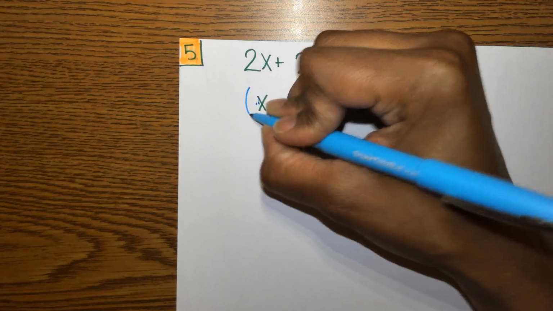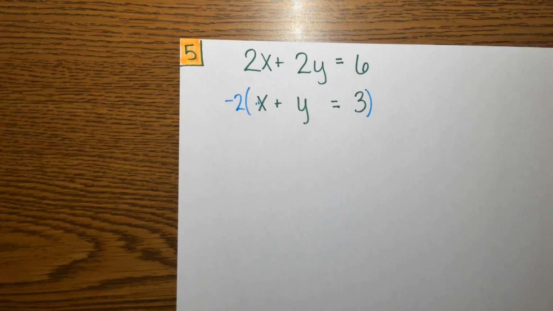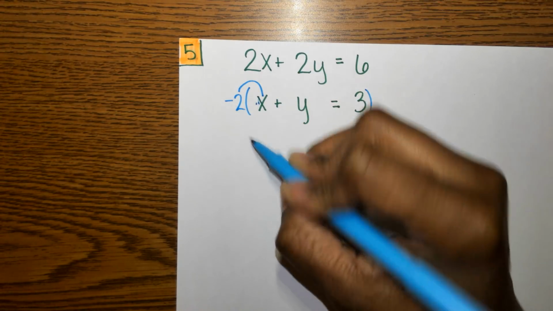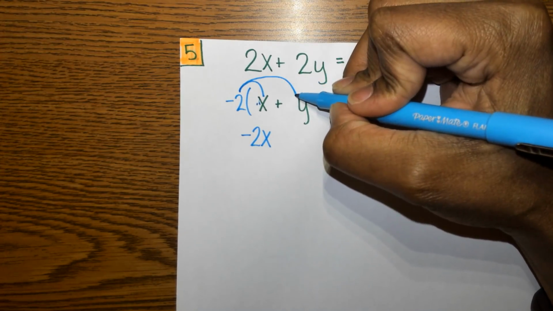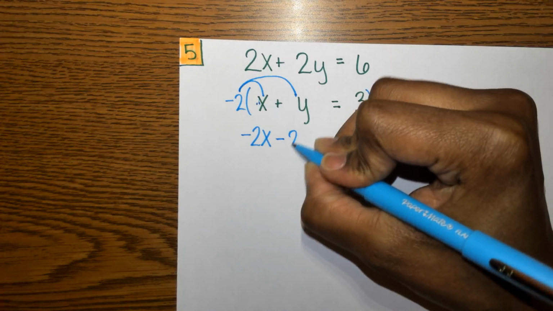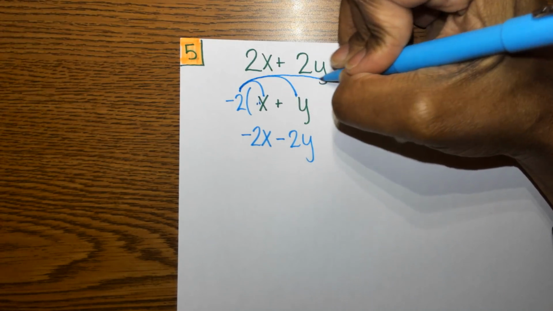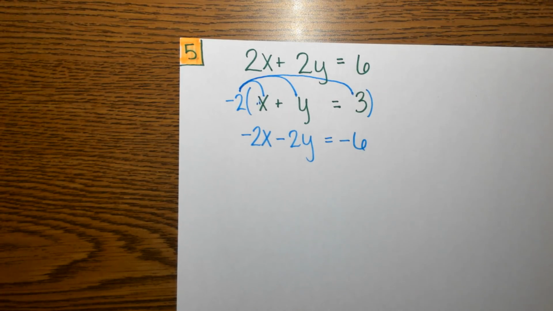So if I multiply this whole thing by negative 2, then I'm distributing that to negative 2. So negative 2 times x, I get negative 2x. Negative 2 times y, I get minus 2y, so negative 2y. And then negative 2 times 3 is going to give me negative 6.